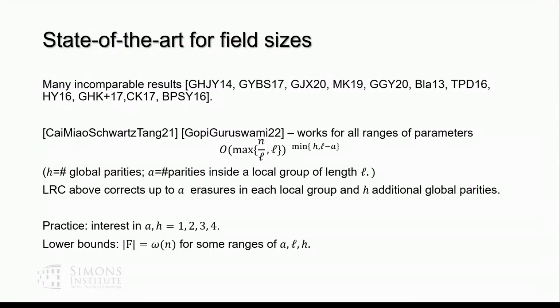So these LRCs work for correcting up to alpha erasures in each local group and H additional global parities. Of practical interest, A being 1 to 3 and H being small, these are very common settings. For such bounds, we get polynomial size fields. So that's not too bad.